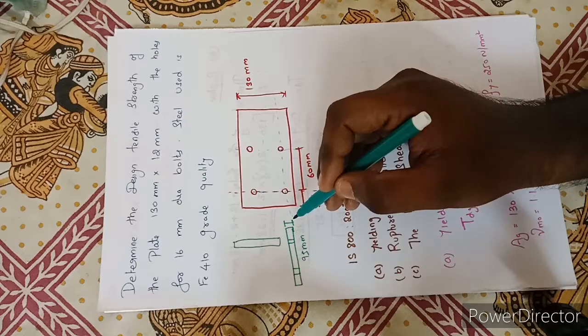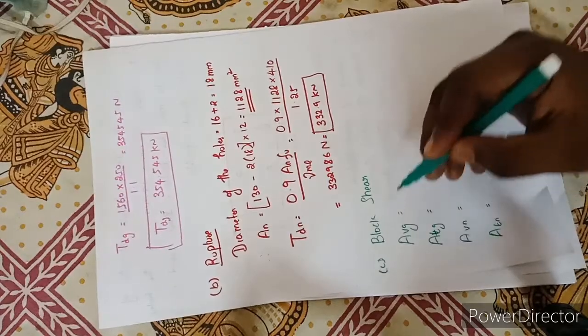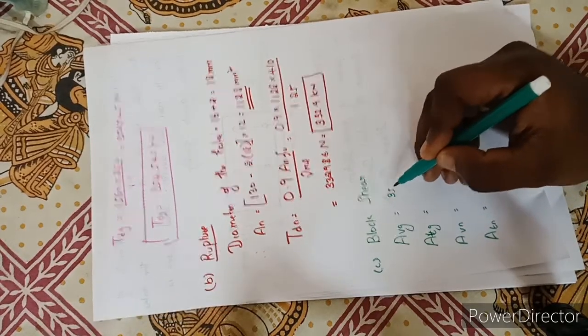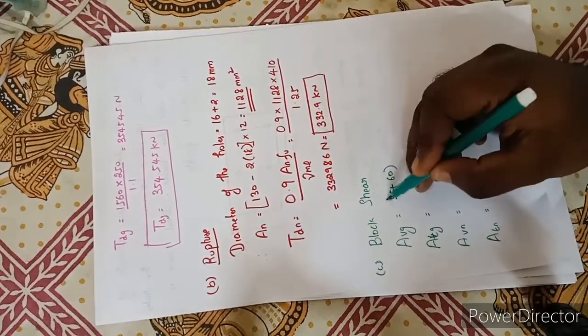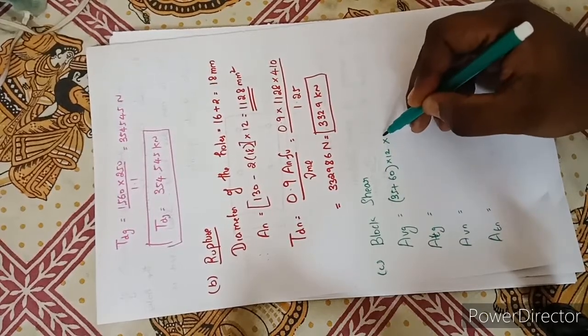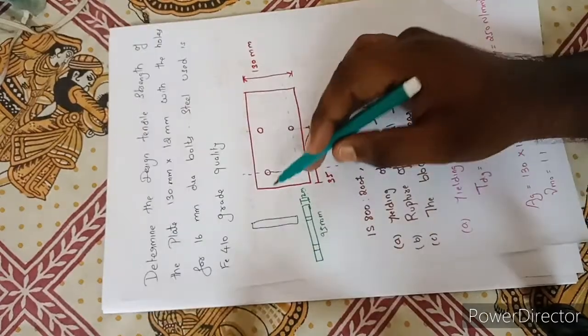We know the thickness of the plate is 12 mm, right? So here Avg will be 35 plus 60 multiplied by 12, and again we have to multiply it by 2 because we have two shear planes here.